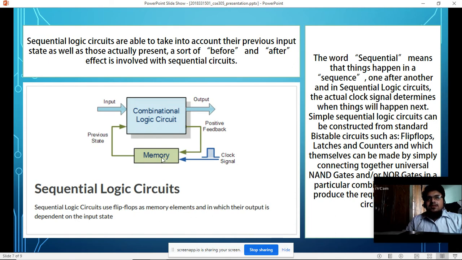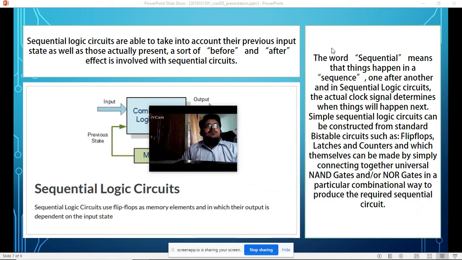It will be stored inside the memory, and there is also a clock signal, and the previous state will come and be added to the present input. So sequential logic circuits use flip-flops as memory elements, and their output is dependent on the input state.